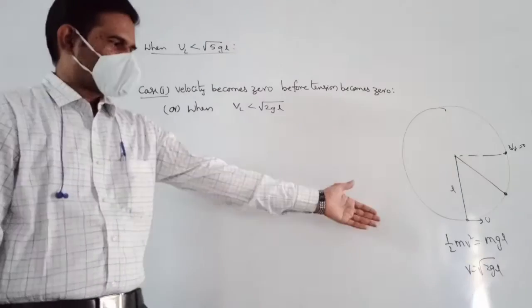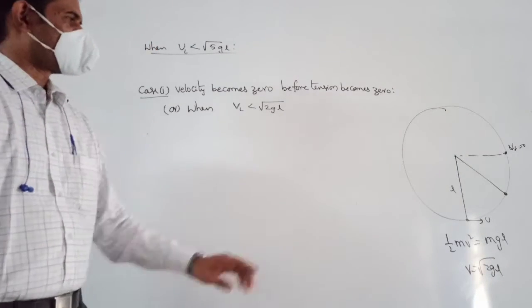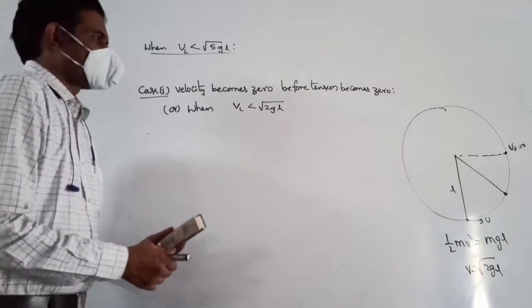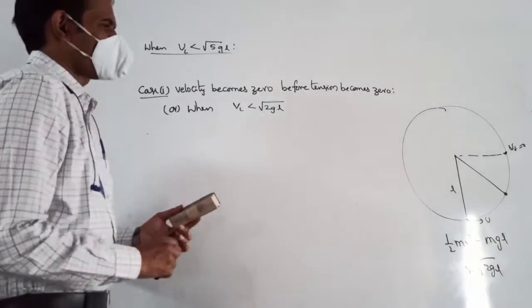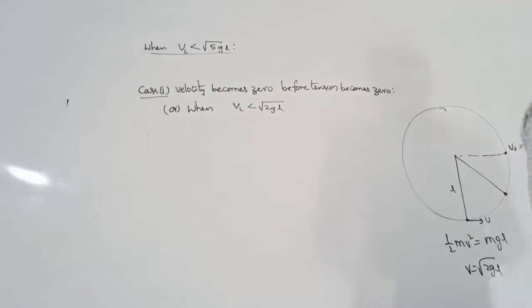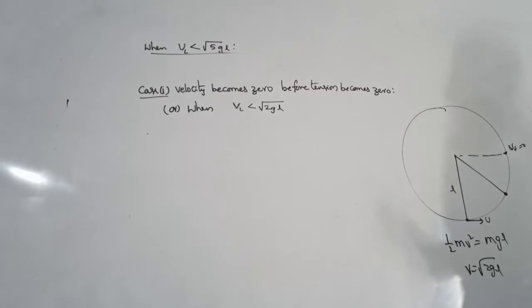If the velocity at the lowest point is less than root 2gL, then the body will oscillate like a simple pendulum about the lowest point.